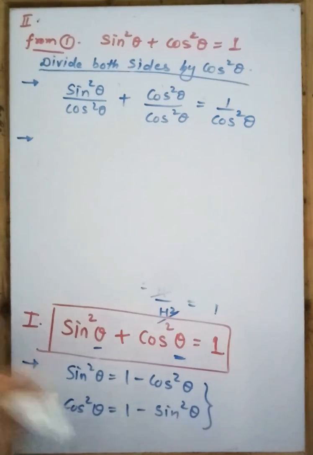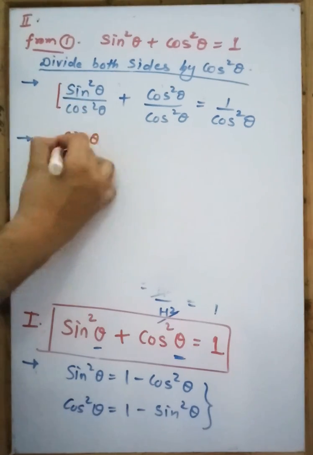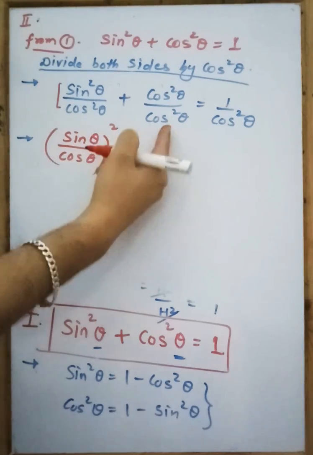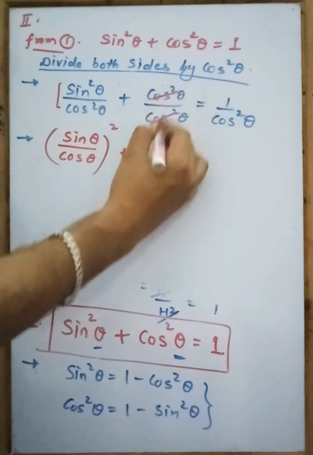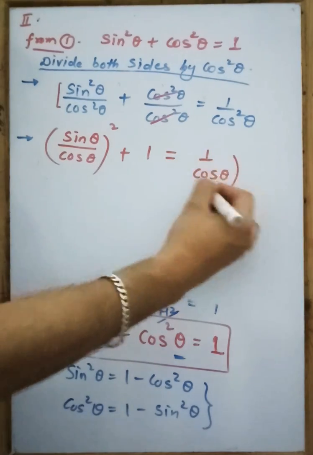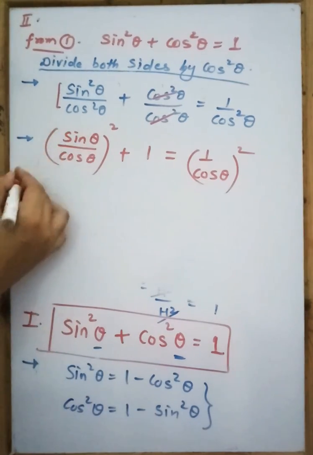As you can see, this can be written as (sine theta by cos theta) whole square plus cos square by cos square. Obviously this will get cancelled, it will become 1, and the right side can be written as (1 by cos theta) whole square. Then what is sine theta by cos theta?